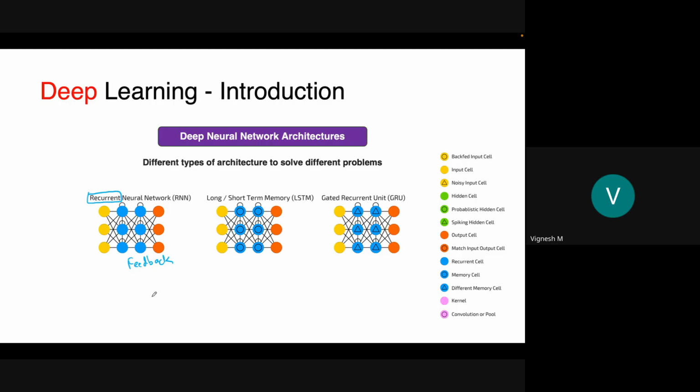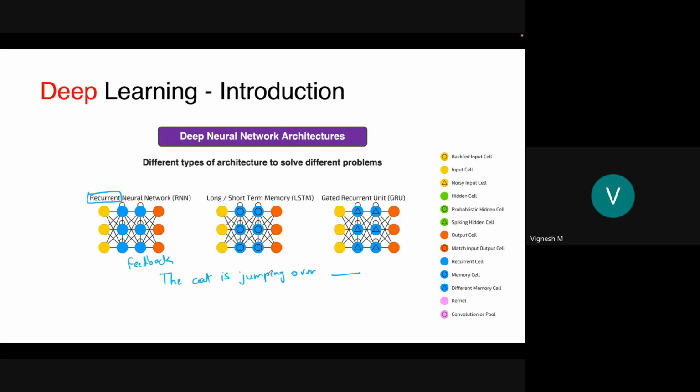Like if there is a sentence, the cat is jumping over blank, right? Now, if I pass this sentence in, I need to understand that it is a cat and it's jumping over something, right? Now that means that if the network does not have a history, it does not understand this context.